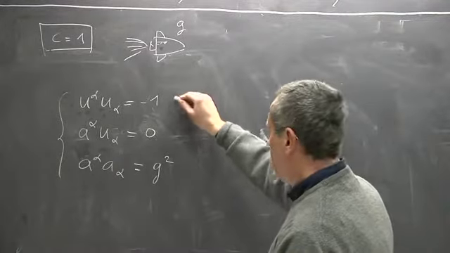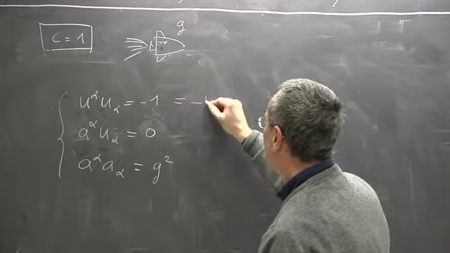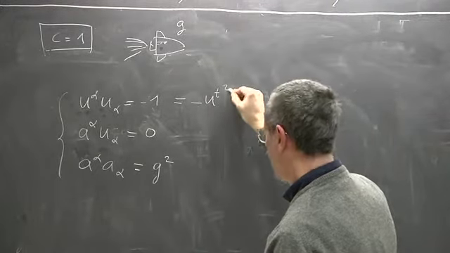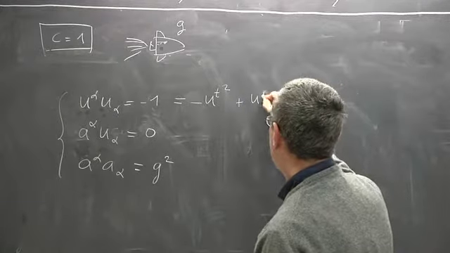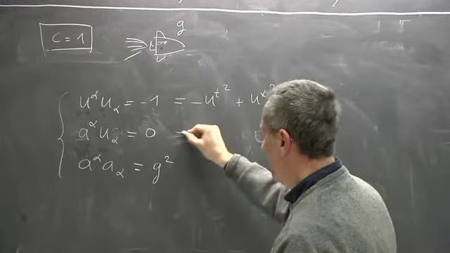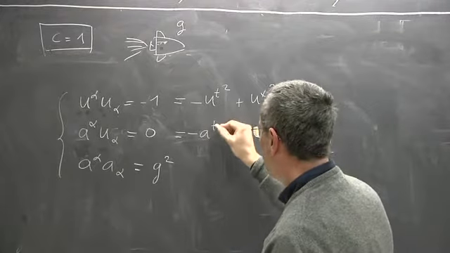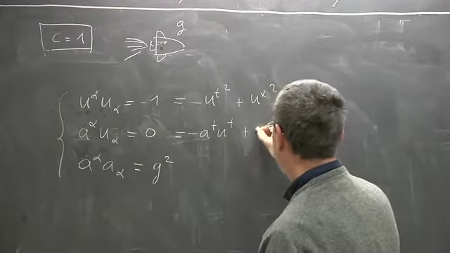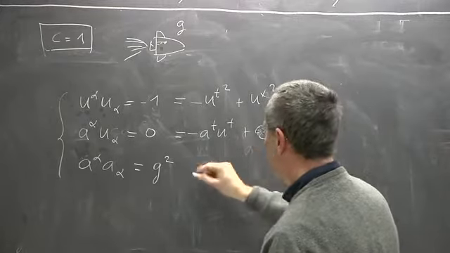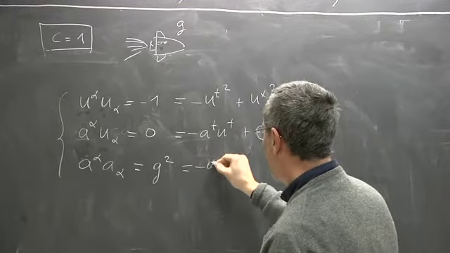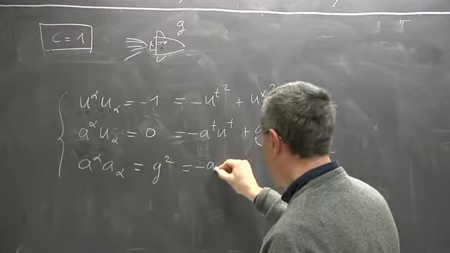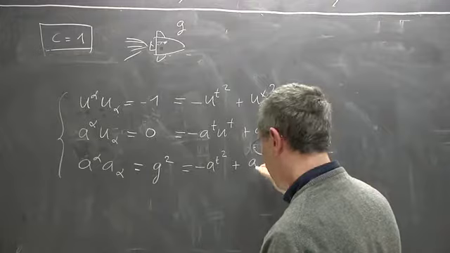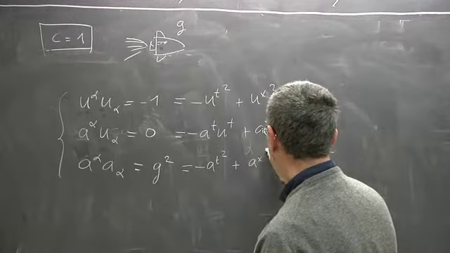So let me write this. This is minus u0 or ut, whatever you prefer, ux squared, right? And this is minus at, the time component or zero component, ut plus ax ux. And this, of course, is minus at squared plus ax squared.